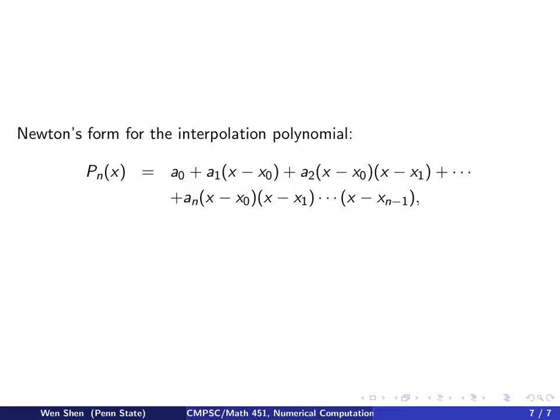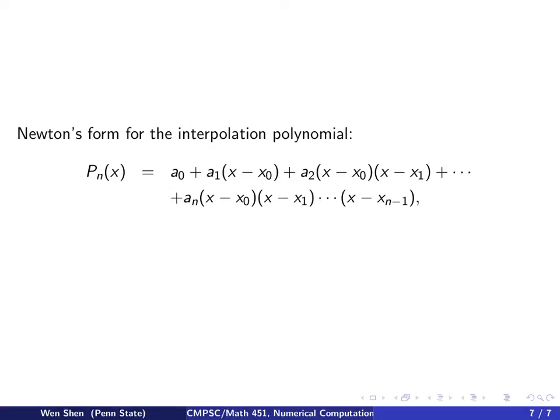Now, after you have obtained all the coefficients a0, a1, a2, and all the way to an, one can write out Newton's form of these interpolation polynomials. You can first write a0, that's your p0, that's y0, and then you add the additional term to get p1, that's a1 times x minus x0. Up to here, this would be p1.